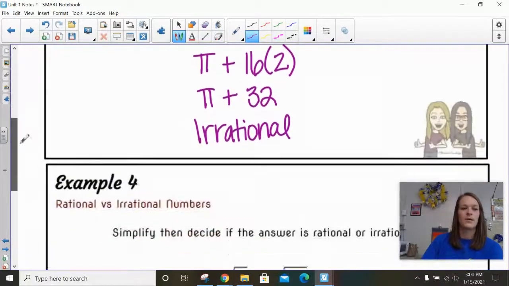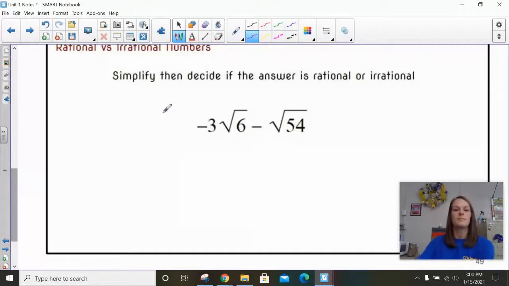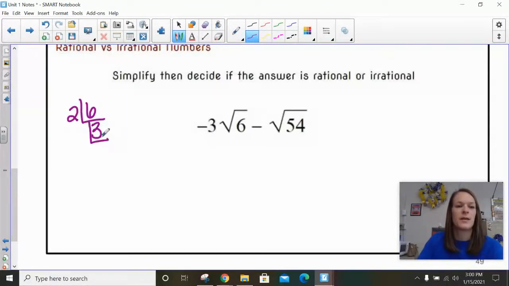All right, and one more example. Simplify and decide if the answer is rational or irrational. I'm going to try to simplify the square root of 6 first. I'm dividing that by 2 to get 3, divide by 3 and get 1. There's no pairs, so it stays the same.